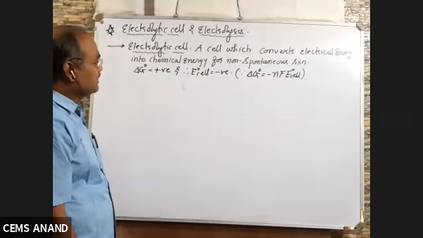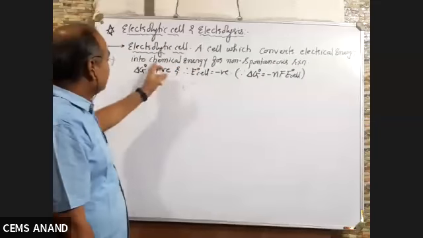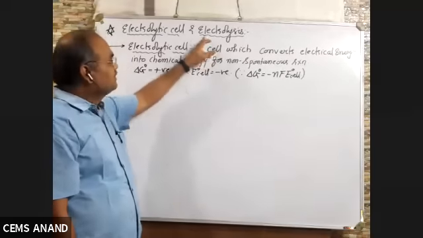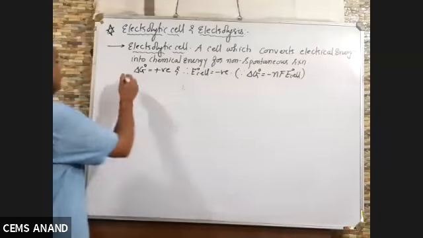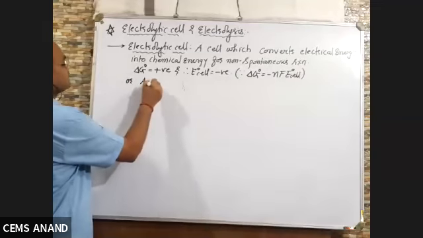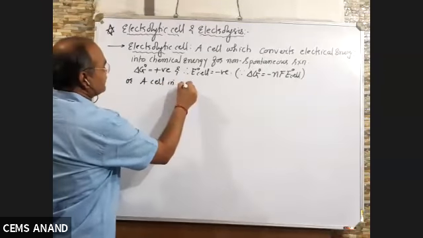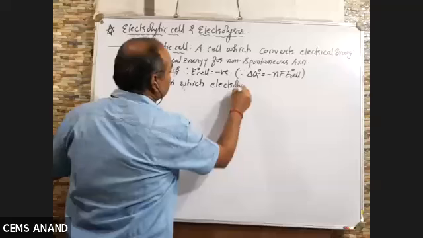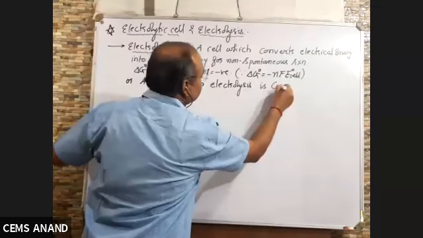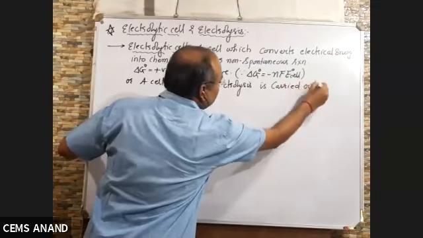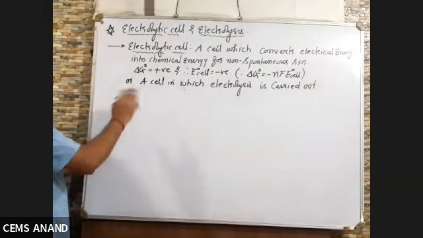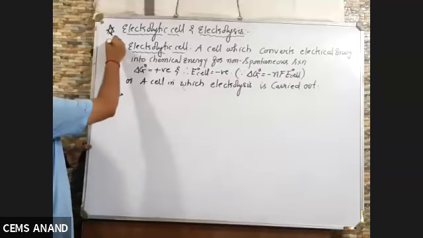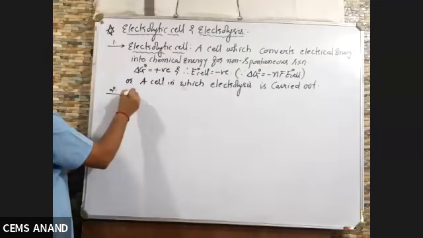So this was about electrolytic cell, a cell which converts electrical energy into chemical energy for non-spontaneous reaction. Or you can say a cell in which electrolysis is carried out. So electrolysis is carried out in an electrolytic cell, right? Now second is, this is the first point, your electrolytic cell. Second is electrolysis.